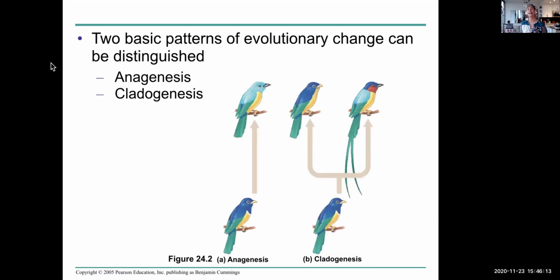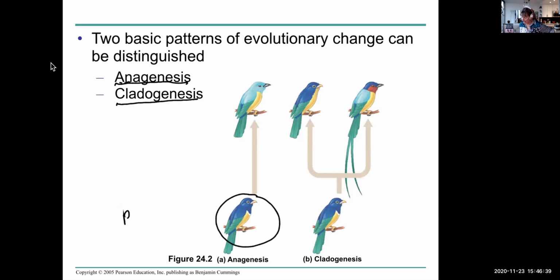And there's two basic patterns that you can distinguish. They're known as anagenesis and cladogenesis. Anagenesis is as such. You have a population of birds. I don't know what they are. They kind of look a little bit like lovebirds, but I'm not sure. They're probably just a generic bird.